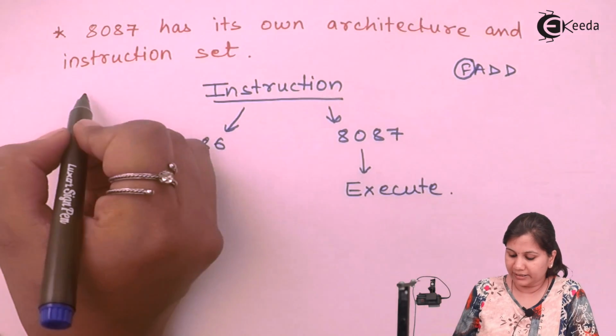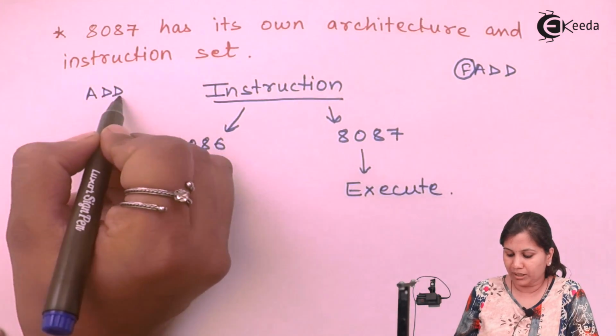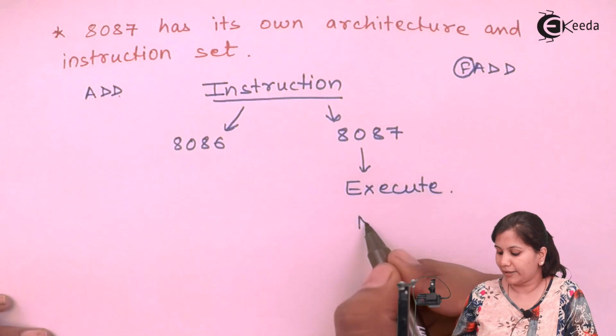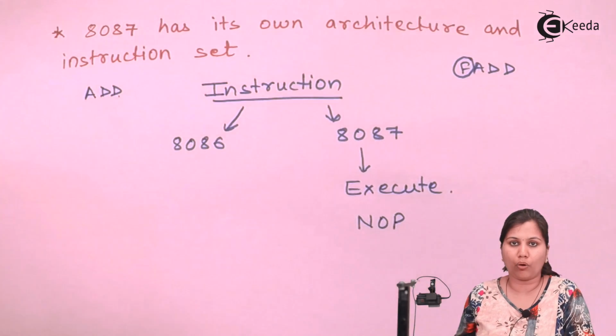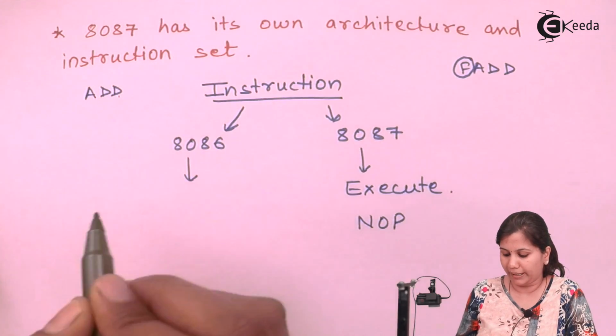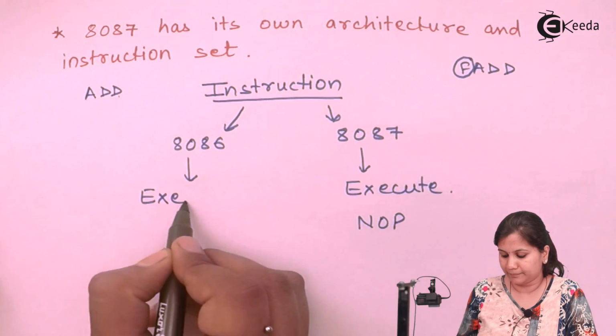If it finds that the instruction is ADD, then the 8087 will treat that instruction as a NOP instruction. That is, no operation will be performed, and that instruction will be executed by the 8086.